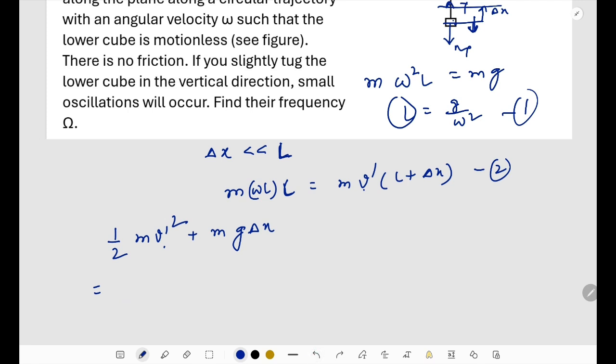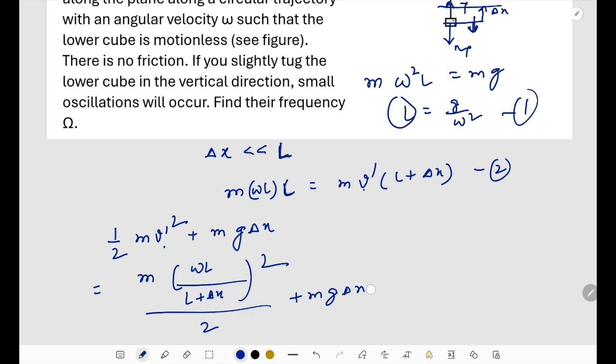I'm going to write something v dash square first, and v dash square is m omega L by L plus delta x square by 2 plus mg delta x. This is its total mechanical energy at this moment. Well, this is my equation 3.